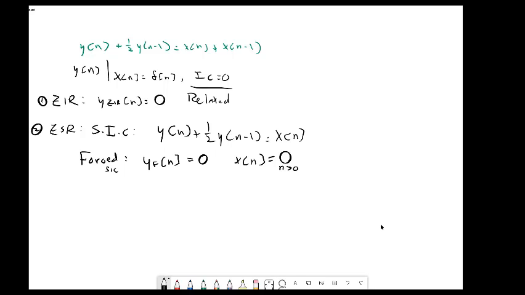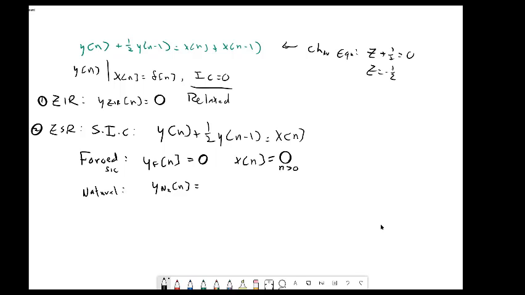I guess that's acceptable. Then we go after the natural response of the system for the single input case. This thing we called yn of n, the natural response piece. We need to know what form the natural response is. Well, we've already done this problem. We know the characteristic equation was z plus 1/2 equals 0. So z equals minus 1/2.